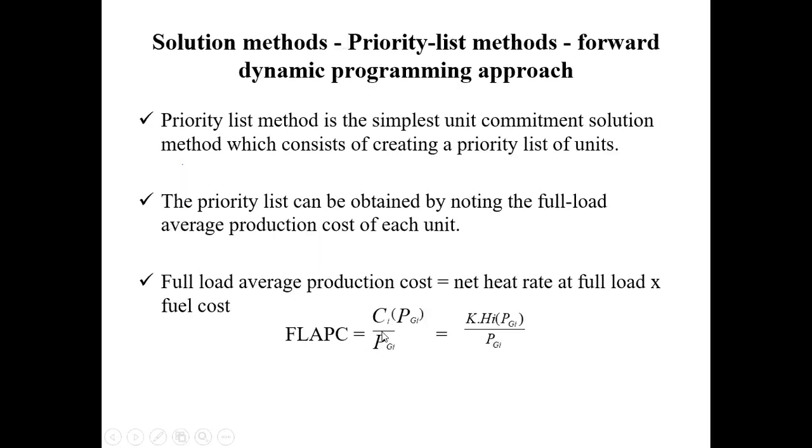This FLAPC is equal to C(PGI) divided by PGI. This can also be redefined as K H PGI divided by PGI. Here K represents the thermal constraints and H represents the coefficient of the power generated across each unit. And PGI represents the amount of power generated across each unit.